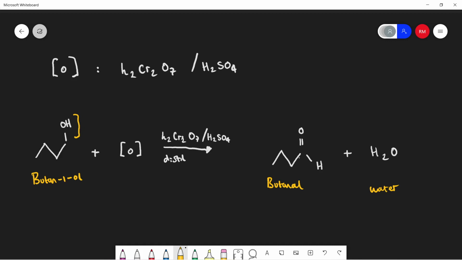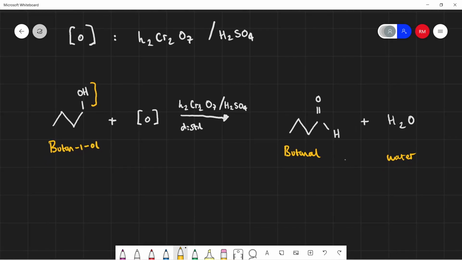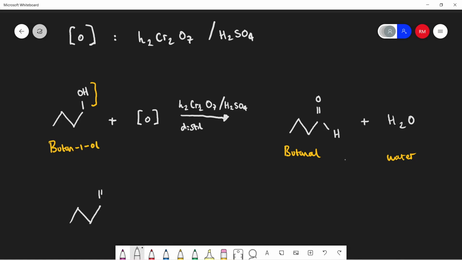Now, this aldehyde here can be further oxidized. What I mean by that is we can react it again with these oxidizing agents, but different conditions are needed. These conditions are again the oxidizing agents, but we now need to heat this in a reflux setup.